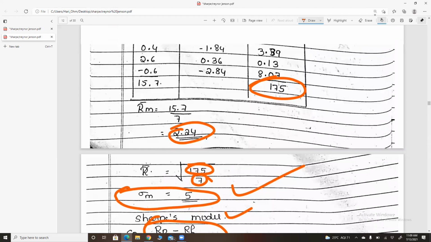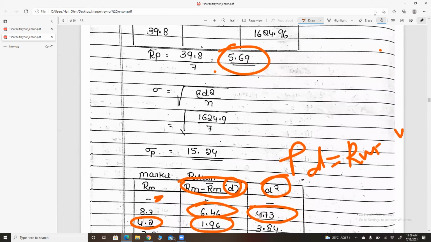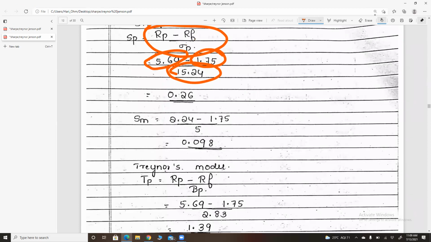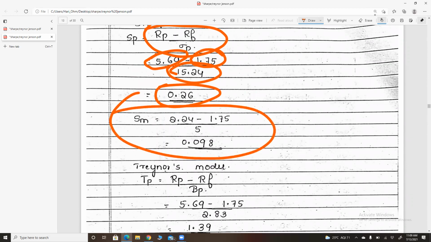Now what is 15.24? We calculated that is standard deviation of portfolio. Hope you're clear. So apply it, then you get the answer 0.26.